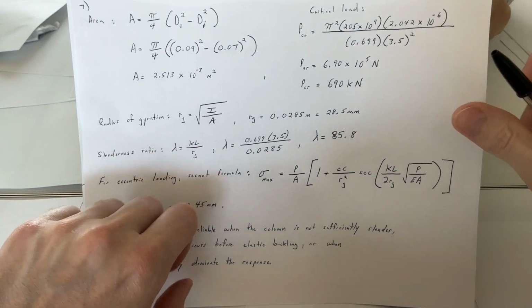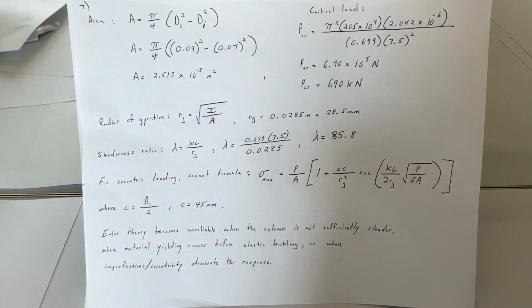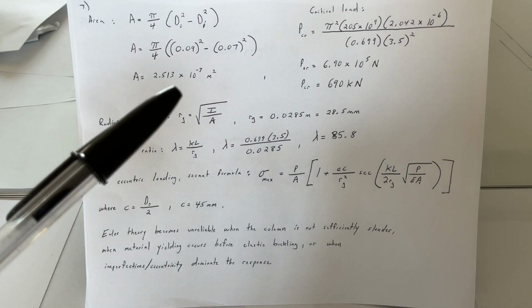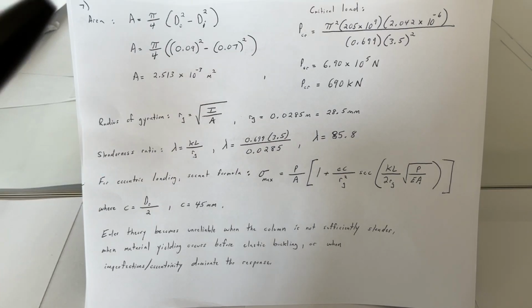Building on that, the area is pi over 4 times the quantity D outer diameter squared minus D inner diameter squared. So A is equal to pi over 4 times the quantity 0.09 squared minus 0.07 squared. So A is 2.513 times 10 to the negative third m squared.